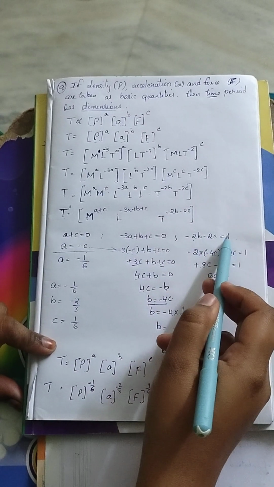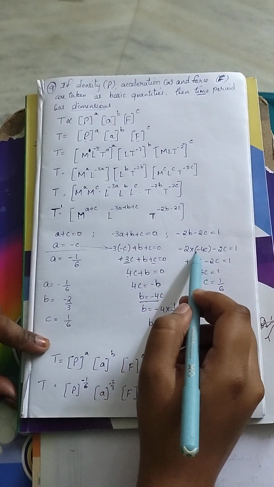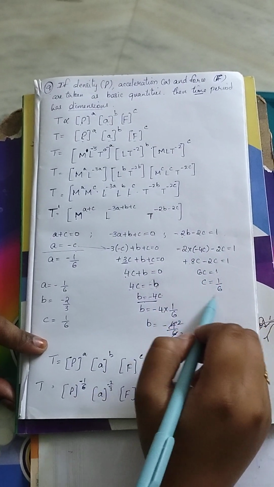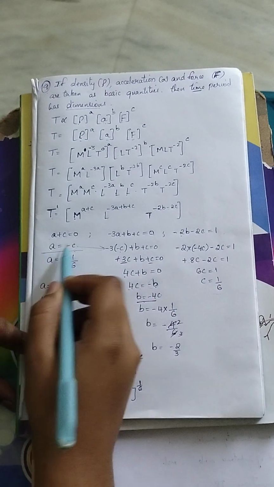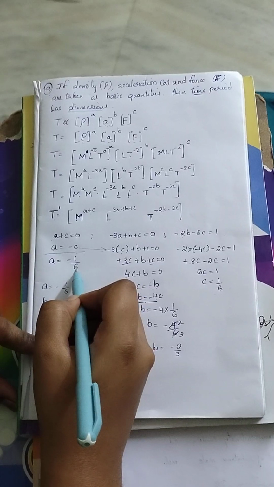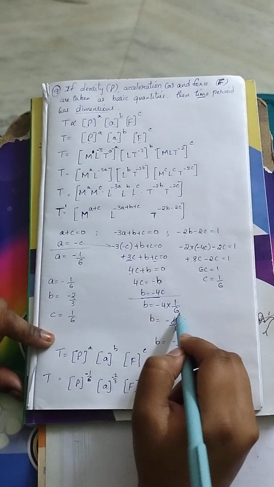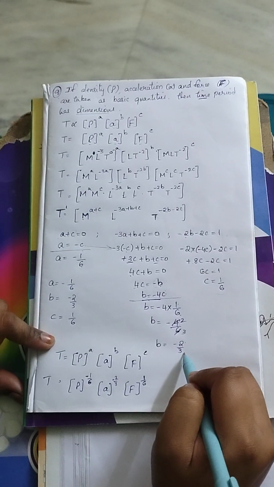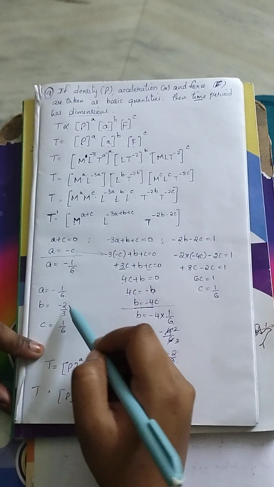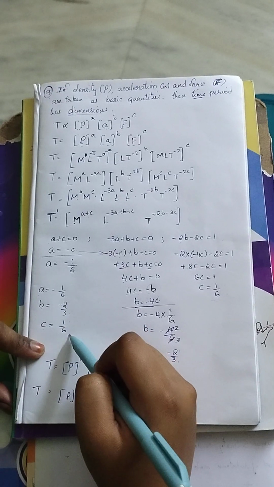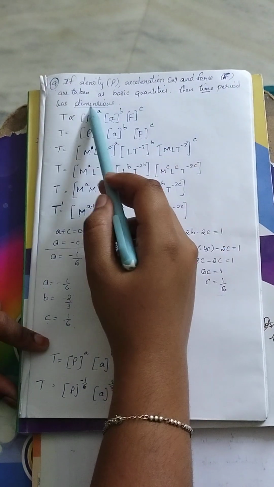And again by solving this one, substituting the b value as minus 4c, we get the c value. After getting this, we substitute that c value in a is equal to minus c, it becomes minus 1 by 6. And later b is equal to minus 4 into 1 by 6, it becomes minus 2 by 3. So finally you will get the answers: a equals minus 1 by 6, b is equal to minus 2 by 3, c equals 1 by 6. And this is the time period dimensions.